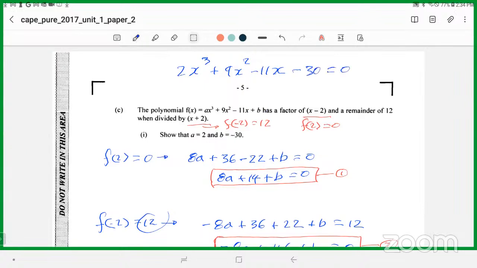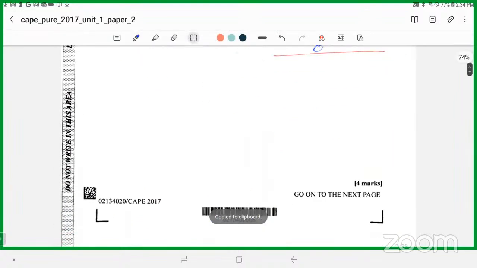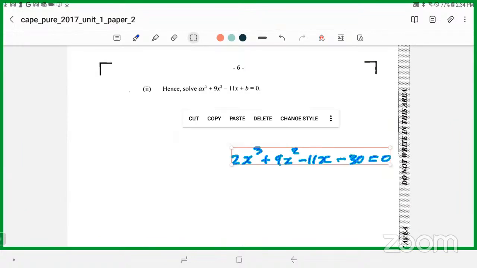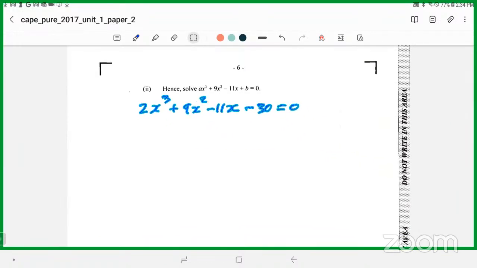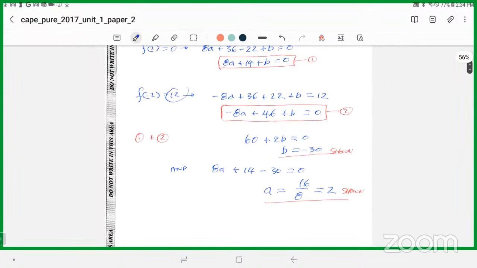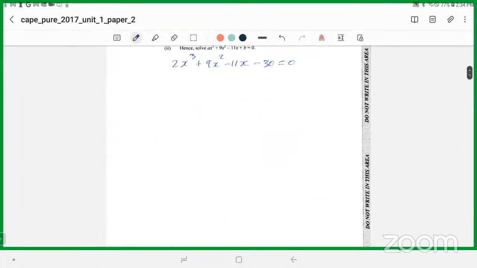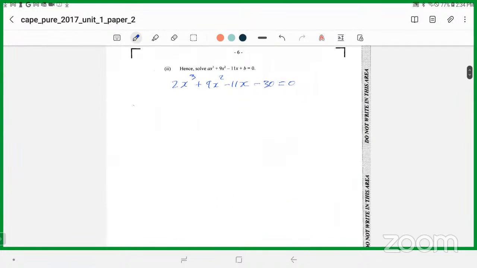That's what we're solving. We're going to divide it out first, as usual, to simplify it down. We're going to divide it with the factor that we have, which was x minus 2.